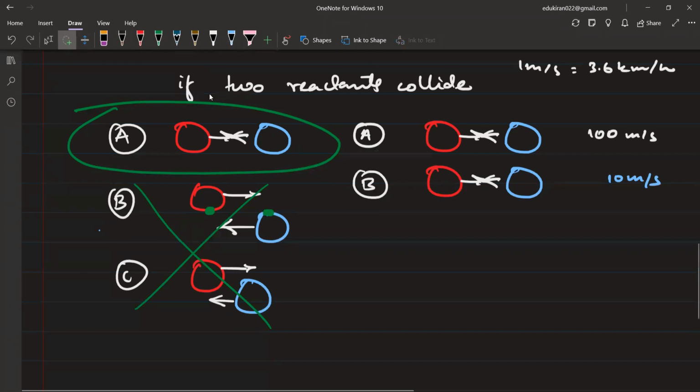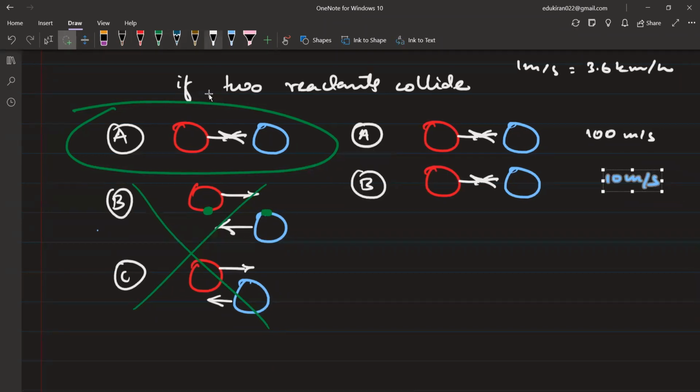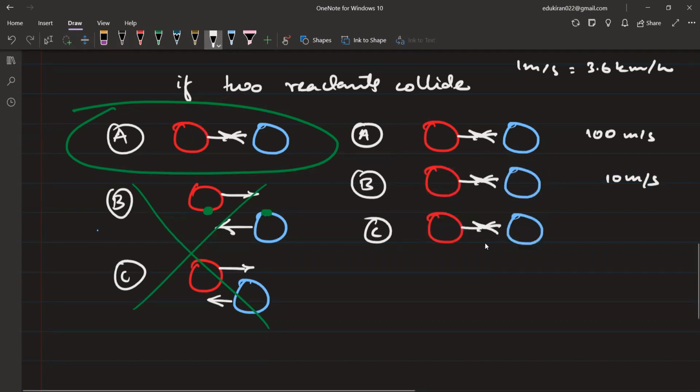Both of them are 10 meter per second. And let us suppose in the C case, it is as we expected, 1 meter per second. And let's also have a D case.